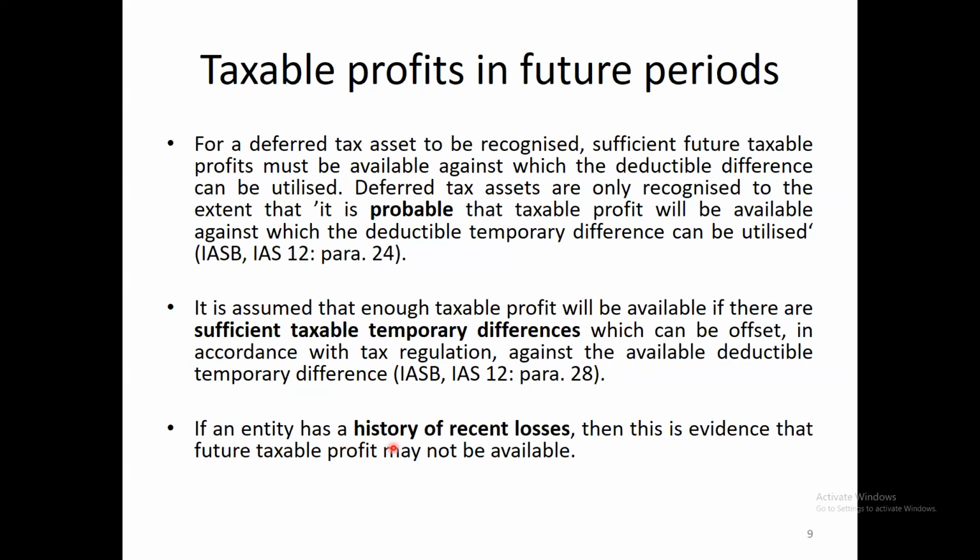If an entity has a history of recent losses, then in the future also you will end up with losses. This is the evidence that future taxable profit may not be available. In this scenario, you can't recognize deferred tax assets. Here we are talking about deferred tax assets, right? Not liabilities, deferred tax assets.